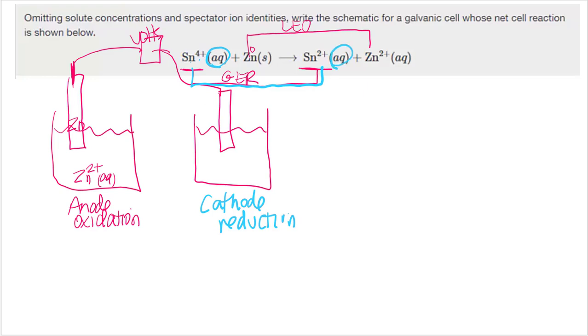So I don't have a solid. I don't have a chunk of metal for my electrode that's tin. I'm not given that. So this is where I'm going to use that inert metal like platinum, Pt. Remember, that's my inert electrode to hook that alligator clip to.